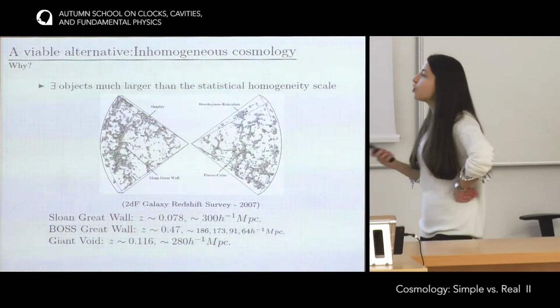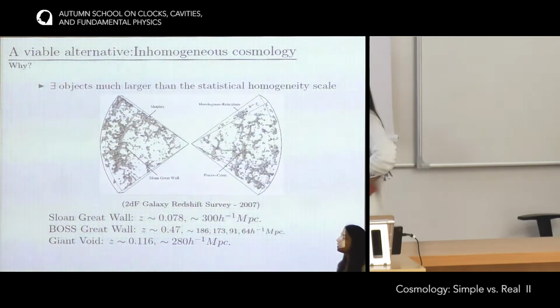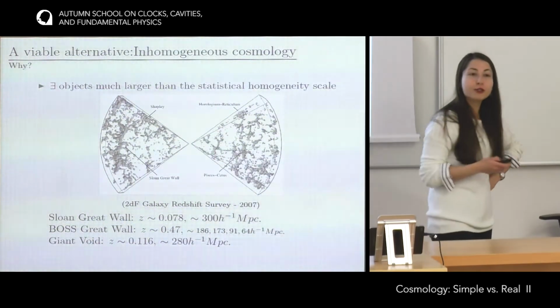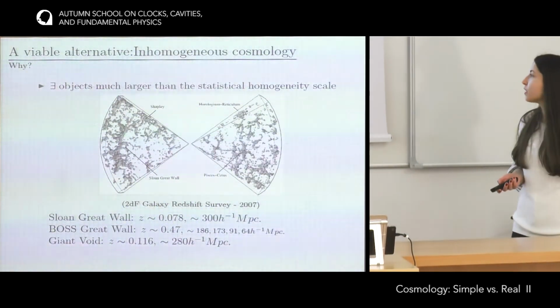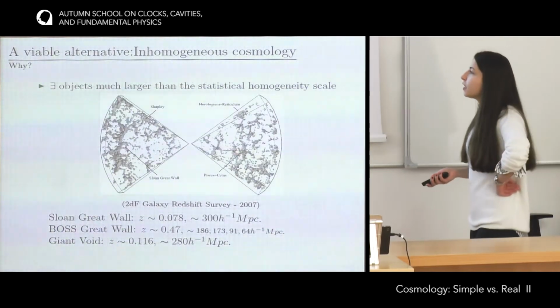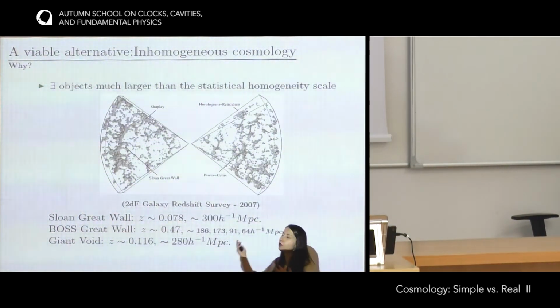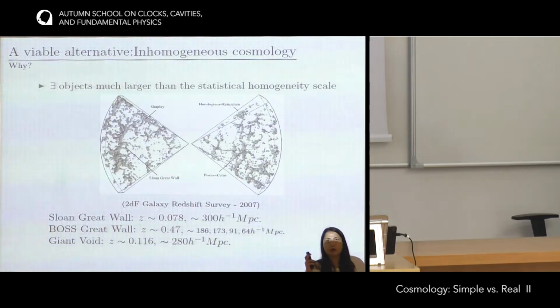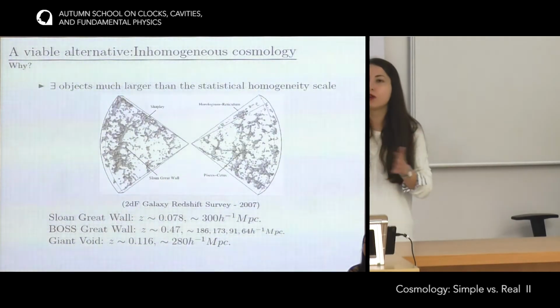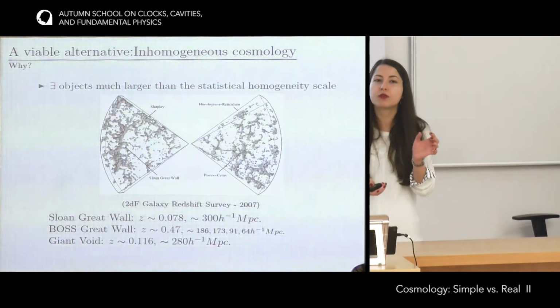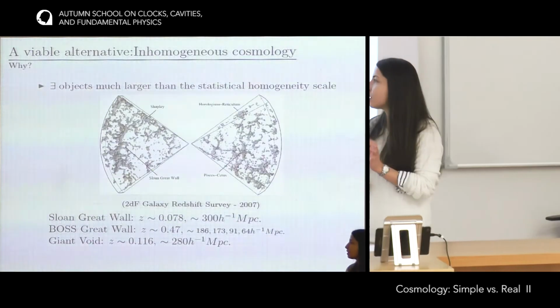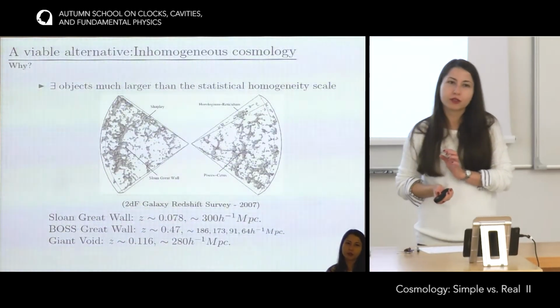And there's this giant void, as they call it, of size 180/h megaparsecs. To give you an intuition, the Sloan Great Wall is about 1/60th of our observable universe, and this is just one structure, and it is not the greatest structure in the universe.